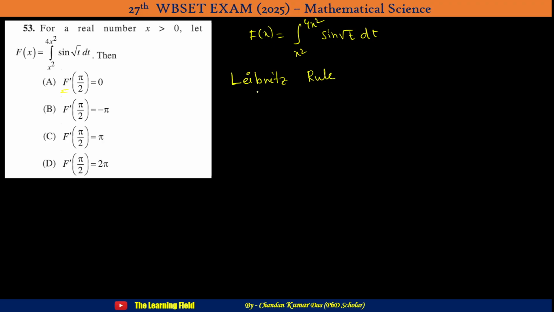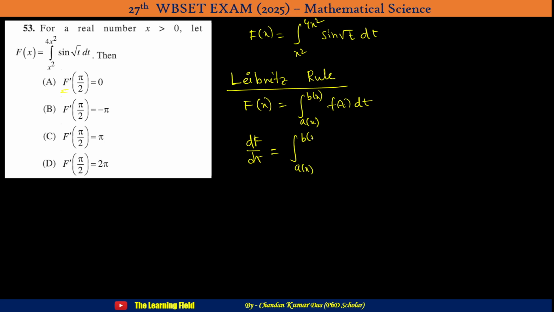Leibniz rule says that if f x equal to the integration from a x to b x of f t dt, then d f dx equals the integration from a x to b x of del by del x of f t dt, plus f of b x into b dash x minus f of a x into a dash x.